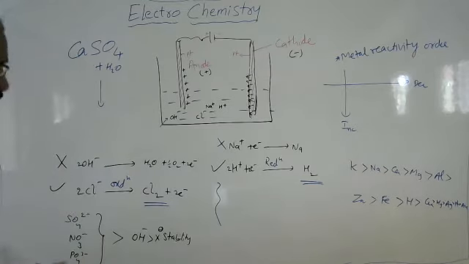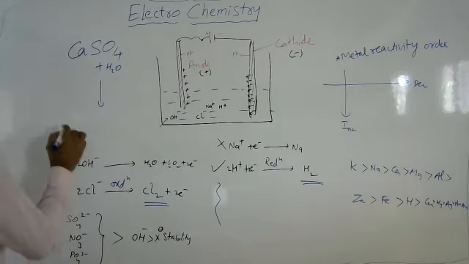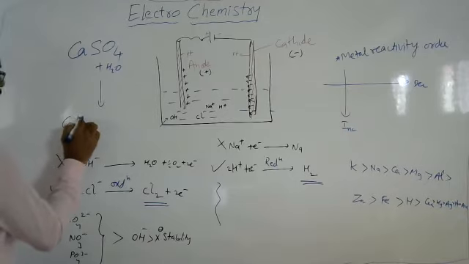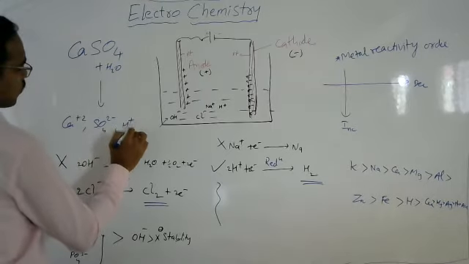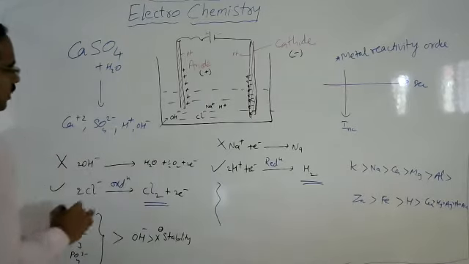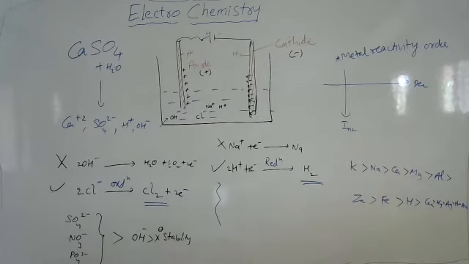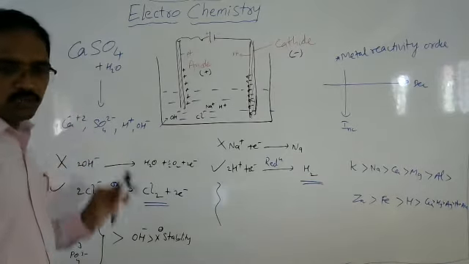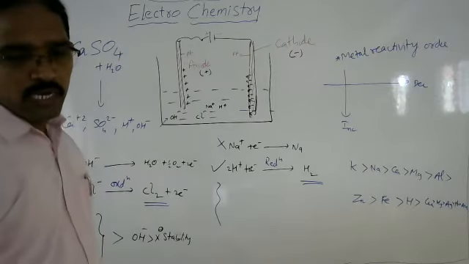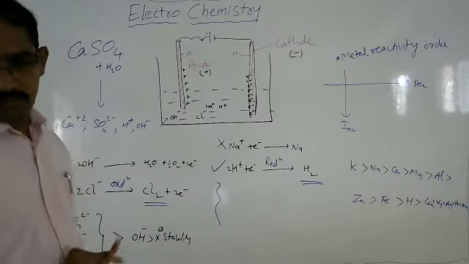What are the ions here? Calcium 2 plus, sulfate 2 minus, H plus, OH minus. Now you tell me at the cathode, what will it liberate?